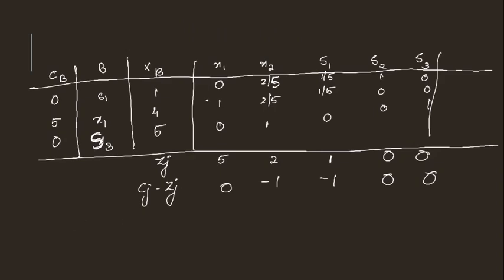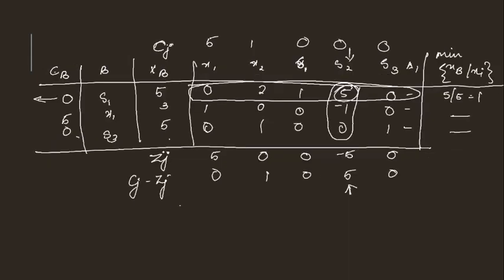Okay, now this is the next table. I just forgot to write the Cj's over here. So Cj is 5, 1 followed by 3 zeros. Now just take a look at the table. What all changes have happened from the previous table?